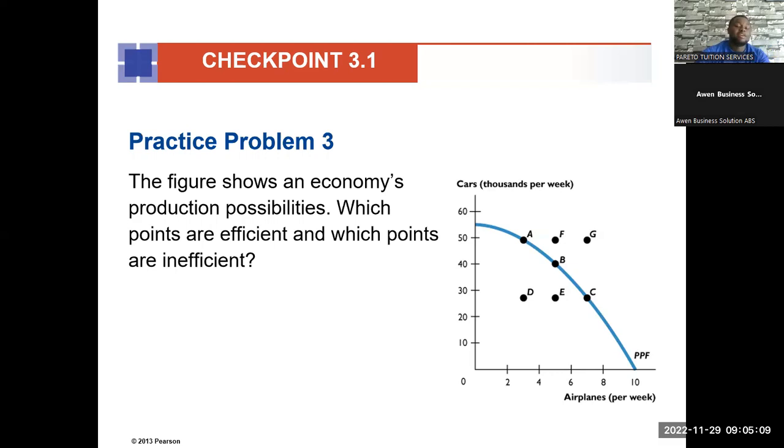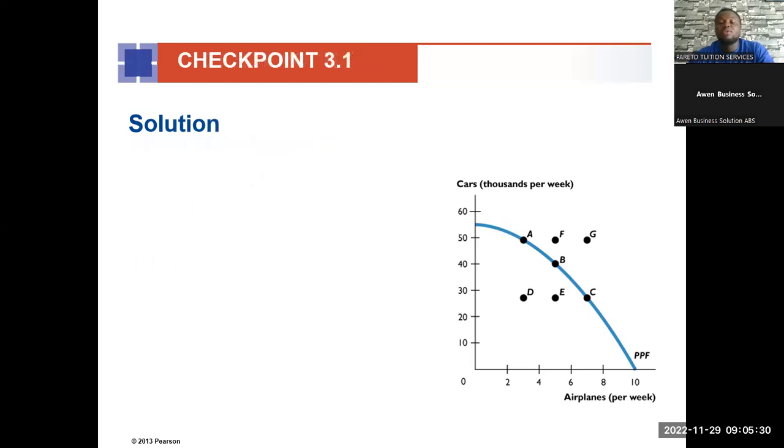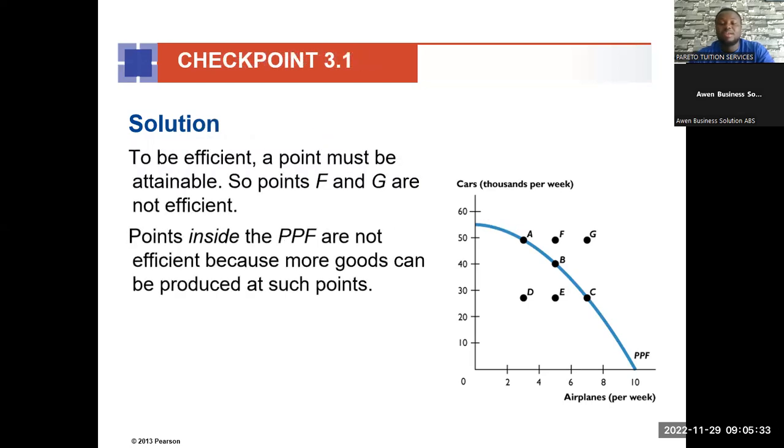All right. Now, if we look at point F and G, they would have been preferred to even point A, B, or C, but then they are unattainable. So, talking about efficiency, the production can only be efficient or inefficient if we can actually attain that possibility. But F and G are unattainable, so we don't even consider them when we are talking about efficiency.